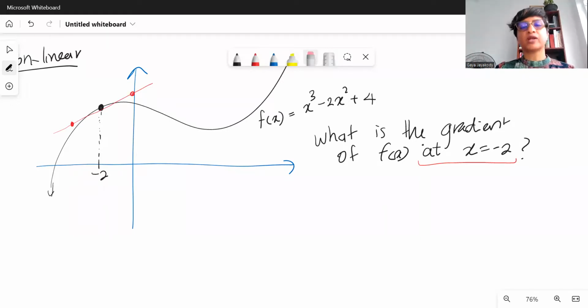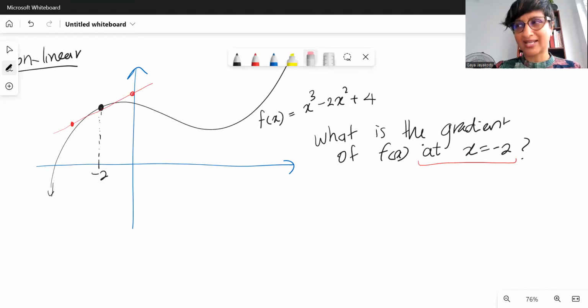If I ask you what was your speed from Nugegoda to Kirulapana, you would take the distance that you traveled and divide by the time that you took. That is finding the gradient of your distance function.